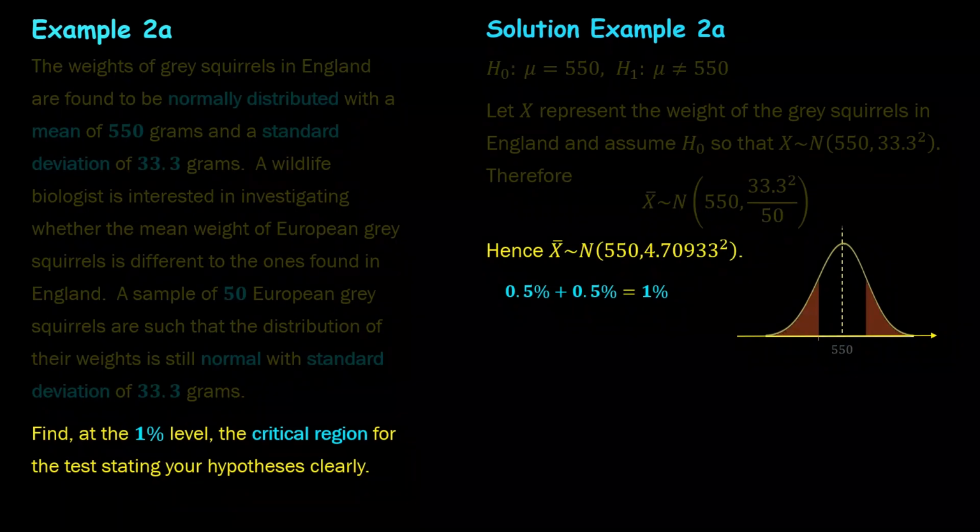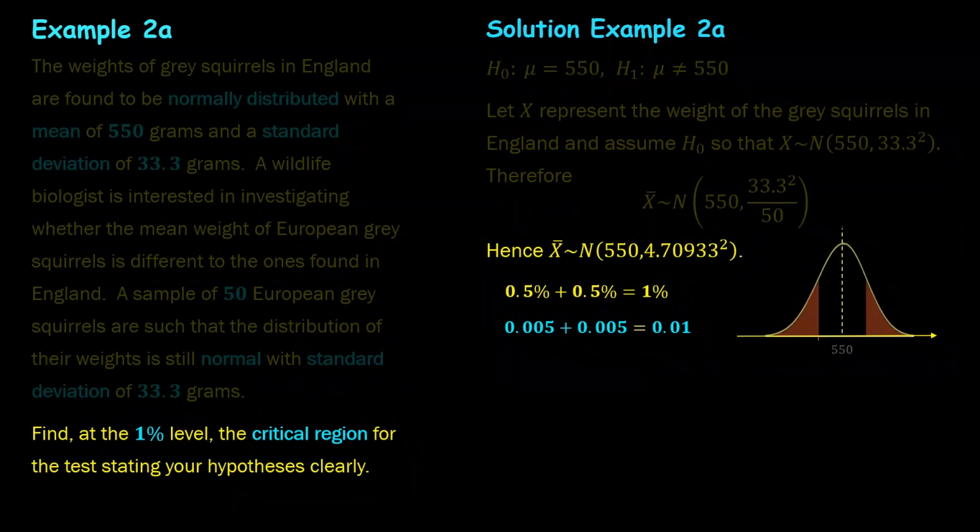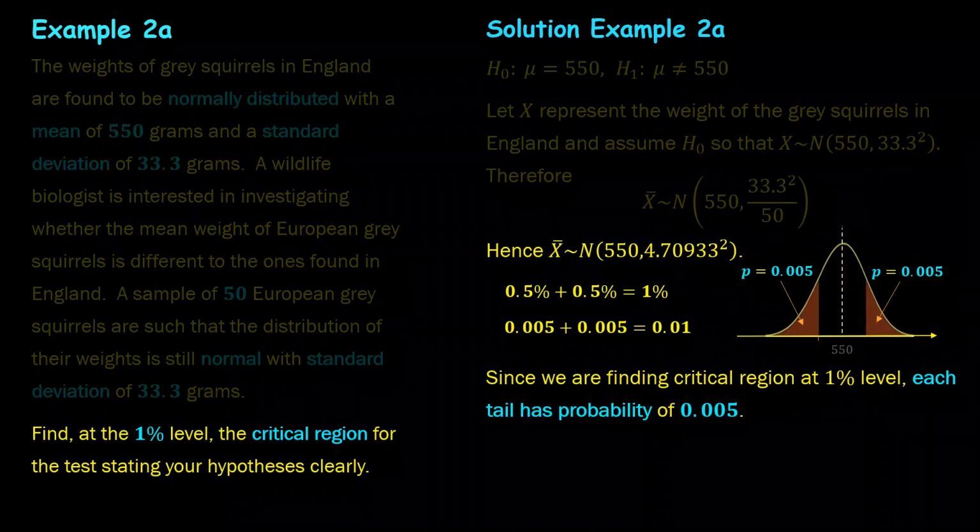And if we convert to decimals, we have 0.005 plus 0.005 equals 0.01. And therefore, since we're finding the critical region at the 1% level, each tail has probability 0.005, as we can see from the diagram.